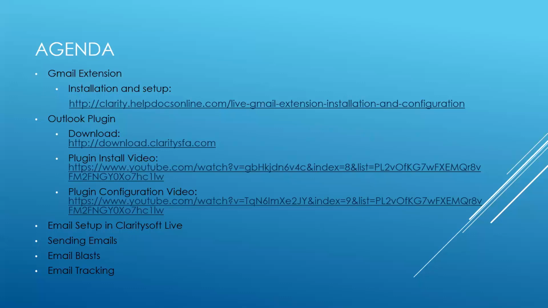The other way to save emails to ClaritySoft is through your Outlook. If you are a PC user, then we have an Outlook plugin that you can download and install. This will make the connection between ClaritySoft Live and your Outlook so that you can save emails from Outlook to ClaritySoft.